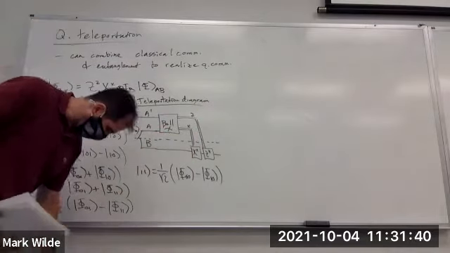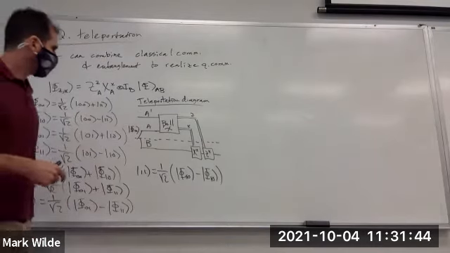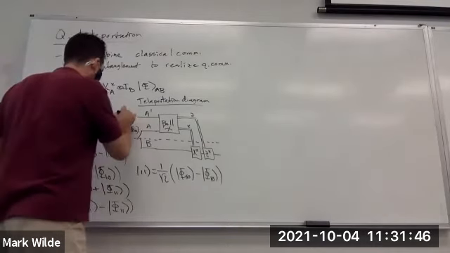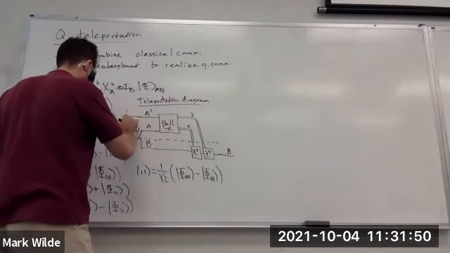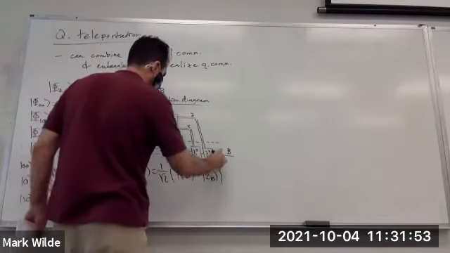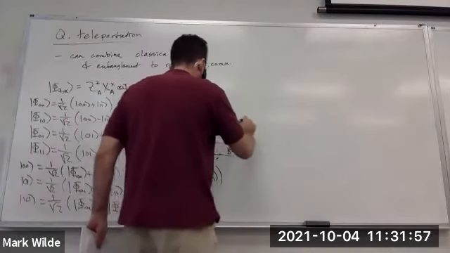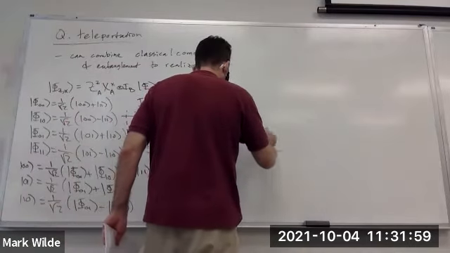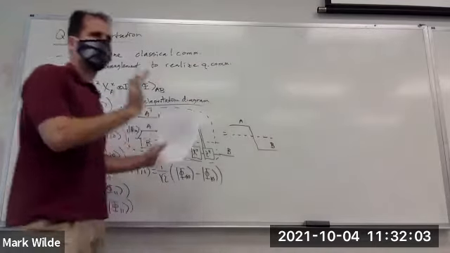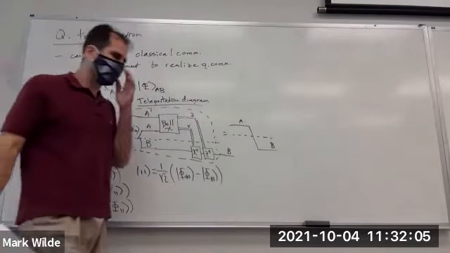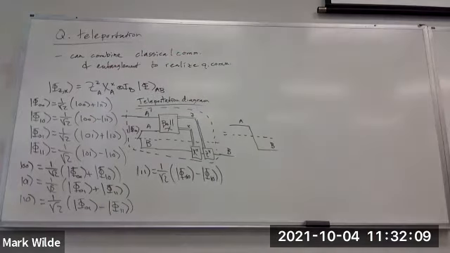So this is a particular kind of abbreviated LOCC. So this process, we draw a box around the whole thing. It is indistinguishable from an ideal communication channel. That's what you can call the teleportation identity.